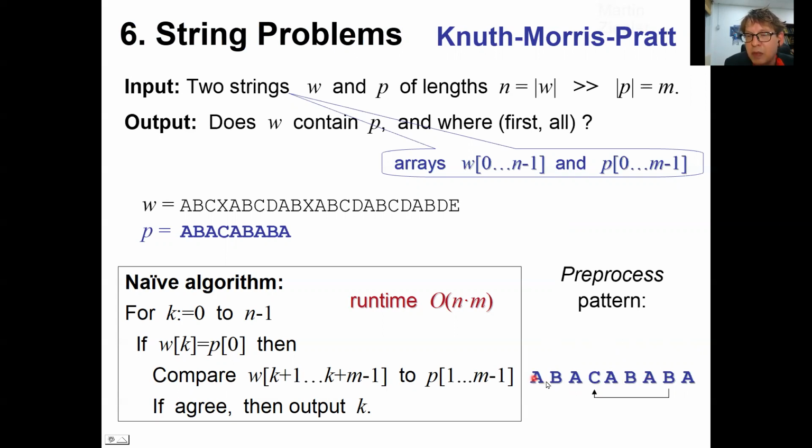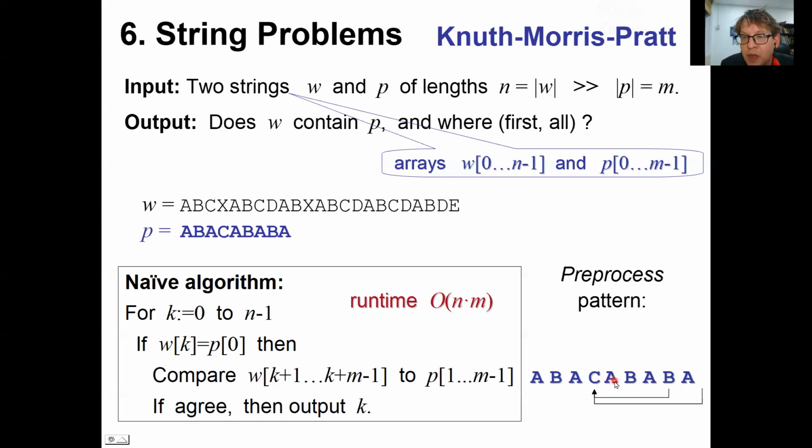So here's ABA, and here's another occurrence of ABA. That means if the next character is a disagreement, then we don't start from scratch in the pattern, but we start again here, because ABA has already been read, and we only need to check whether the next character, which is not a B, happens to be a C, and continue from here with the matching. So this is what this arrow indicates.